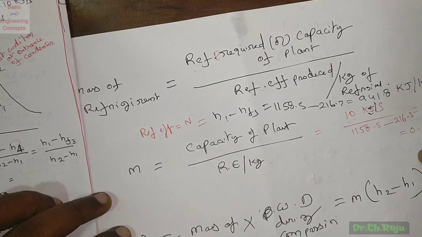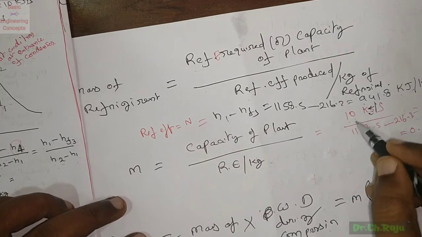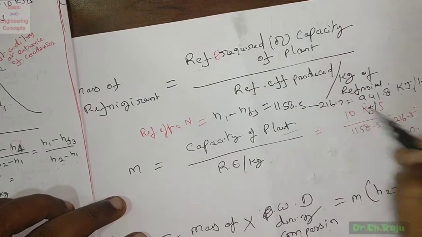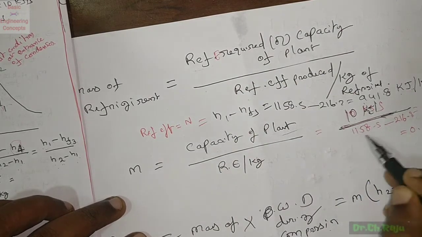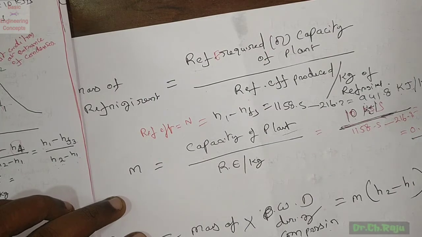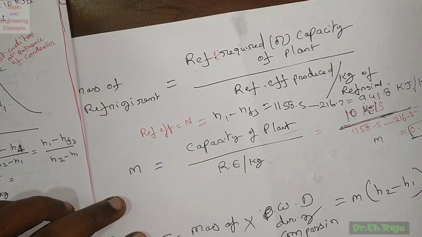So 1 kg of refrigerant produces a refrigerating effect of 941.8 kilojoules. Here, the mass flow of the refrigerant can be calculated as the capacity of the plant, the refrigeration required, 10 kilojoules per second, divided by the refrigeration effect produced, 941.8, that is 0.01062 kg per second.